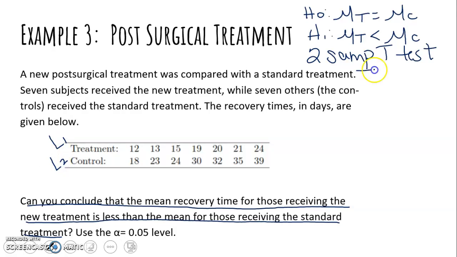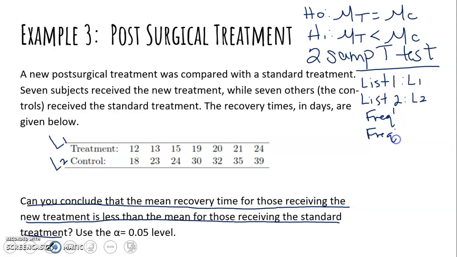Where it says list 1, we're going to put L1. Where it says list 2, we're going to put L2. Where it says frequency 1 and frequency 2, we're going to leave 1, and then we're going to choose that the mean is less than mu2.